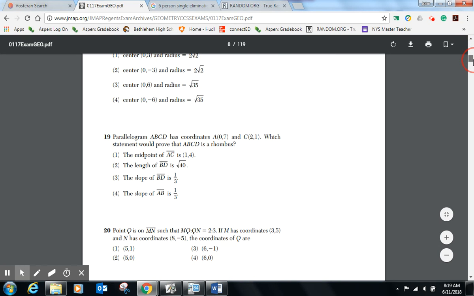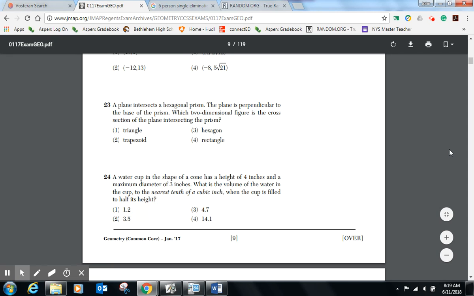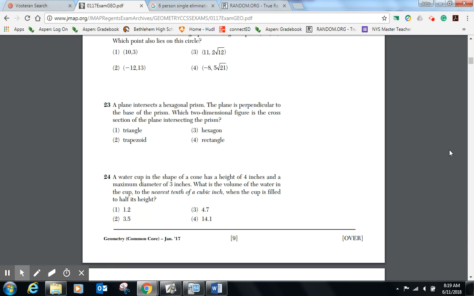Which number, Evan? A plane intersects a hexagonal prism.